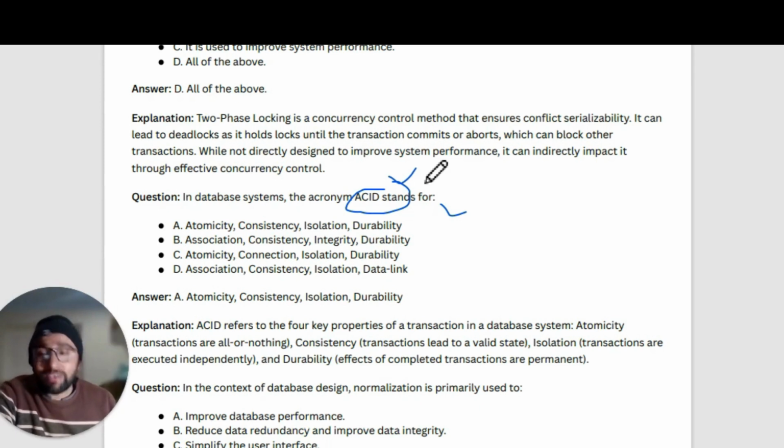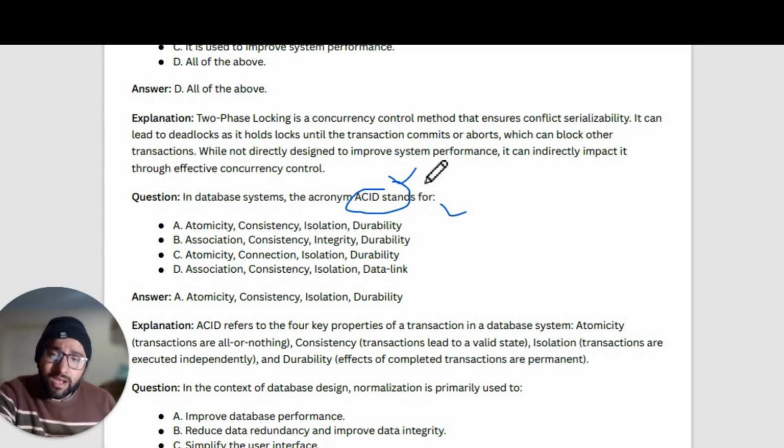No two transactions are interfering with each other or mixing with each other. If it happens, the concept of isolation, which is a basic characteristic of a database management system, will fail.